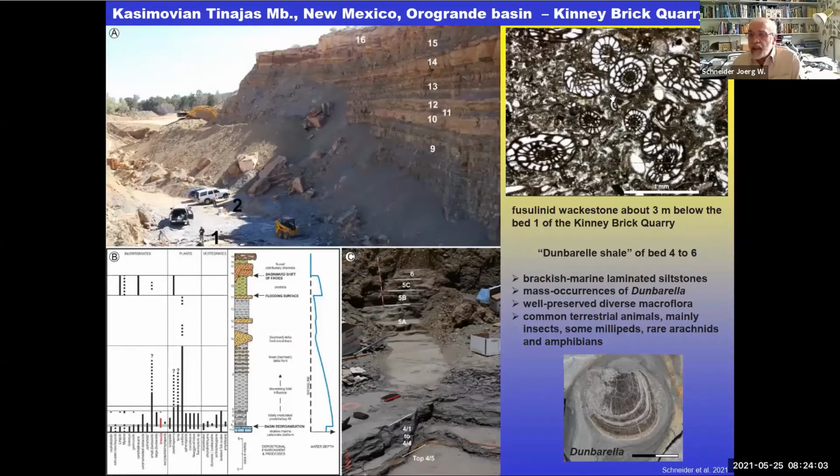Shales contain a well-preserved diverse macroflora, just now described by Bill DiMichele and Donovan. Common are terrestrial animals, fortunately, mainly insects, some millipedes, rare arachnids, and some amphibians.